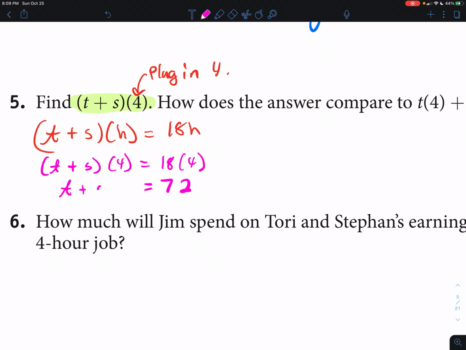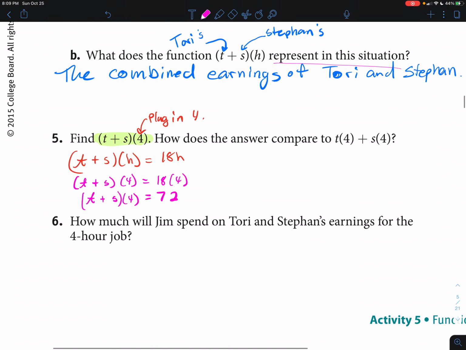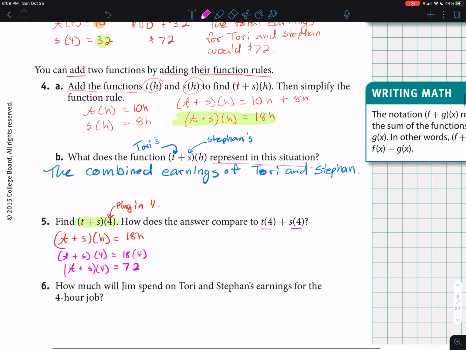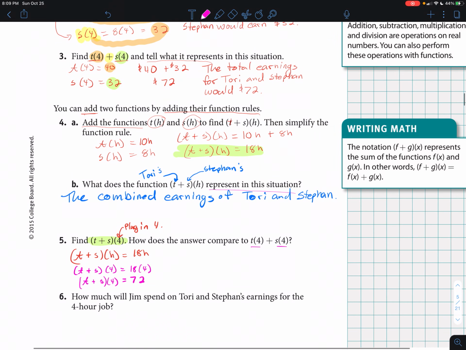I write cursive T so they don't look like plus signs, I'll be honest. So compare this answer to T of 4 plus S of 4, which was up here. Compare these answers. We got 72 up here, and we got 72 down here. They're the same thing.